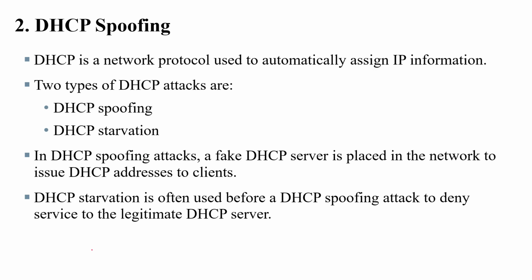Using DHCP, attackers can create two different types of attacks. One is DHCP snooping, and the second is DHCP starvation. What does a DHCP snooping attack mean? Snooping means a fake DHCP server. In your network, generally there will be one DHCP server, but the attacker is going to create another DHCP server in the network. A fake DHCP server is placed in the network to issue DHCP addresses to the clients.